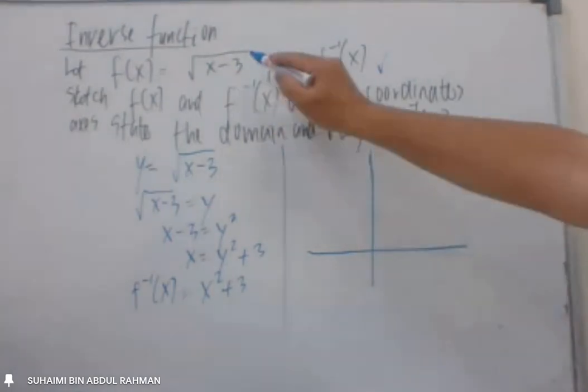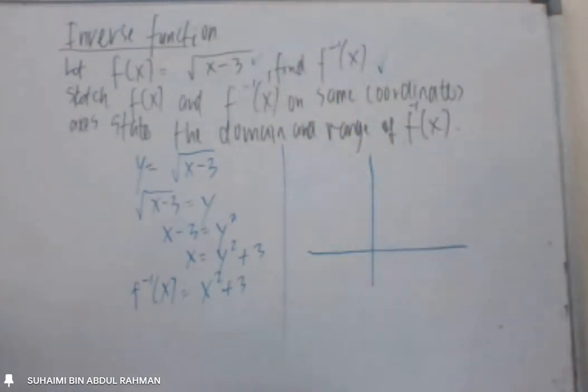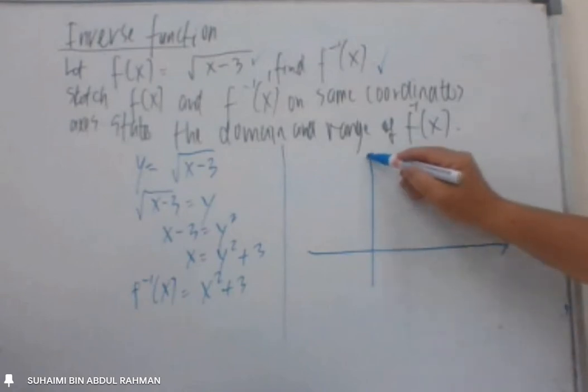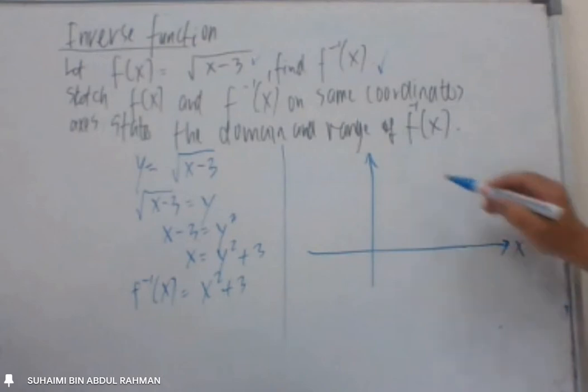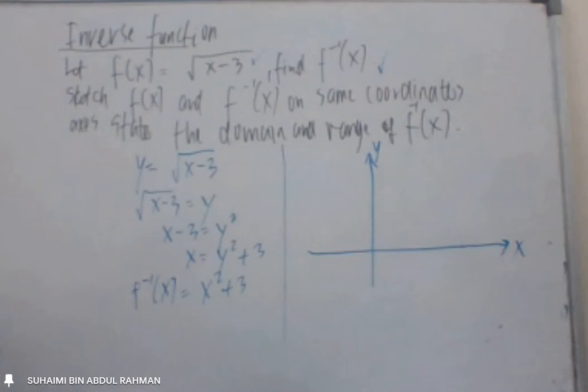What is f(x)? f(x) is the square root of x minus 3.